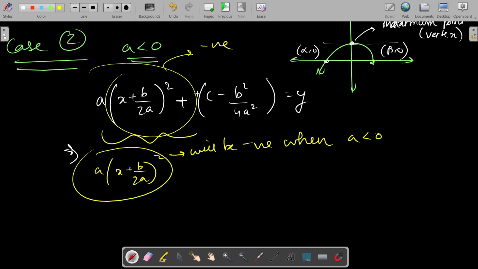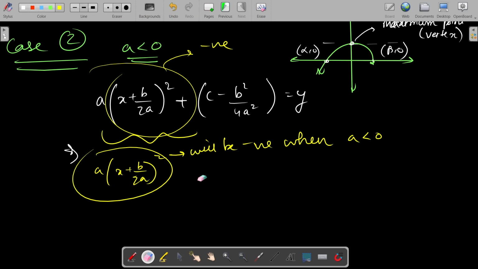So to minimize this, we'll just use the same thing. We'll put minus b by 2a. Also, the lowest possible value of it is 0.